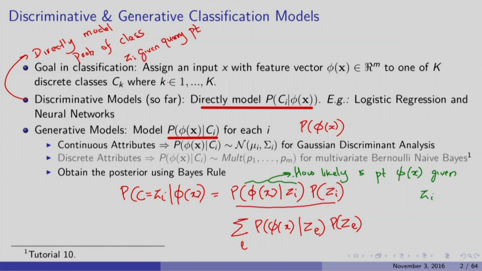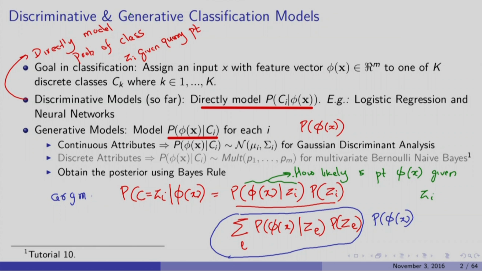Now an unnecessary overhead is incurred through this denominator in the posterior. This denominator is basically trying to account for the probability of phi x. However, if you are interested in finding the most probable class through an argmax over I, you do not really care for this denominator.